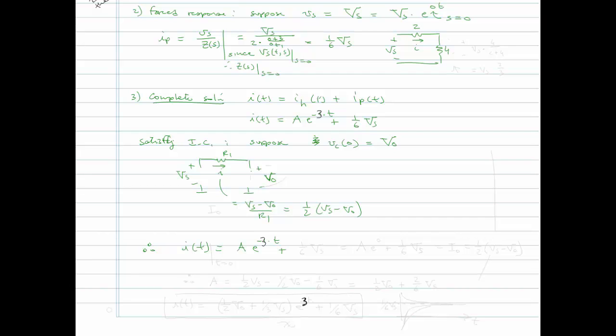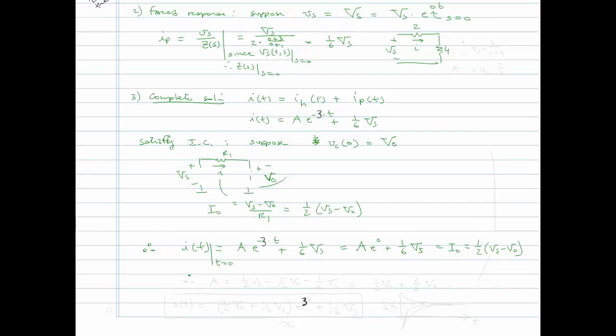We have A e to the -1t plus 1/6 Vs, and when we evaluate this at time equals 0, we're going to find that we have A e to the 0 plus 1/6 Vs. Now it's this current that has to be equal to our initial current, call this I naught, which comes from the initial voltage across the capacitor. So we have I naught equal to 1/2 (Vs minus V naught).